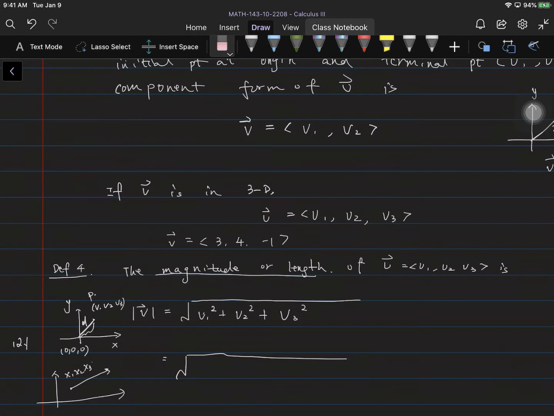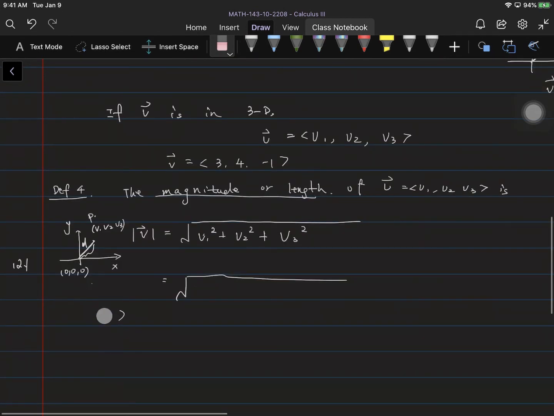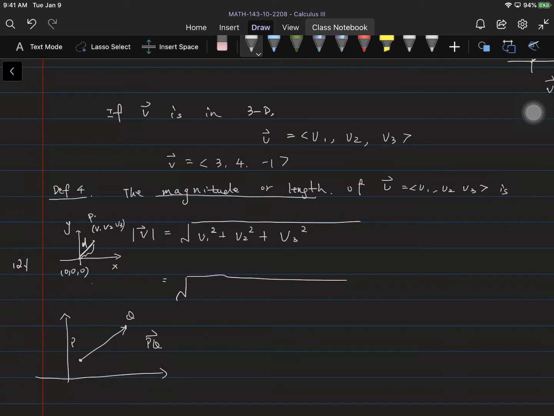Sorry, let's do another way. So for example, if our points are in 3D, here is our vector PQ. P is initial, Q is terminal, and Q is given by x2, y2, z2 in 3D, and P is x1, y1, z1, two points.